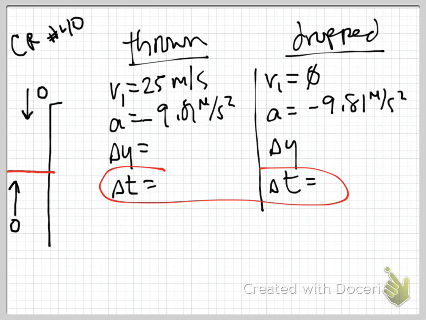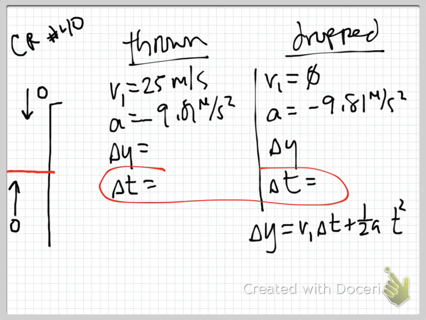What connects those four things? Not worrying about any limitations or how you have to solve it. Just what would be your choice of equation? Yeah. So delta y equals VI delta t plus 1/2 a delta t squared. And I skipped the delta there. I'll put it back in.